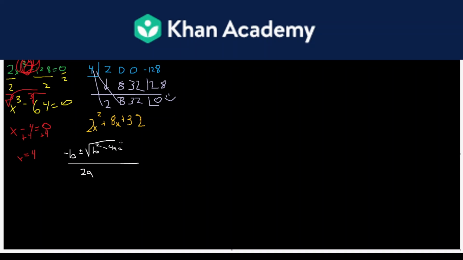So all we have to do is plug in this quadratic into this formula. So we have negative 8 plus or minus the square root of 8 squared, which is 64, minus 4ac, over 2a, which is 4.